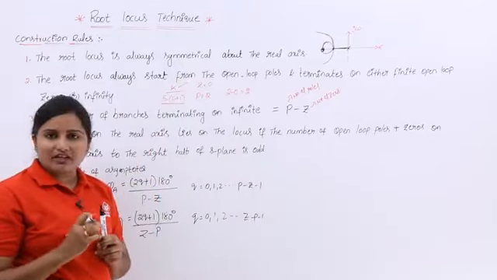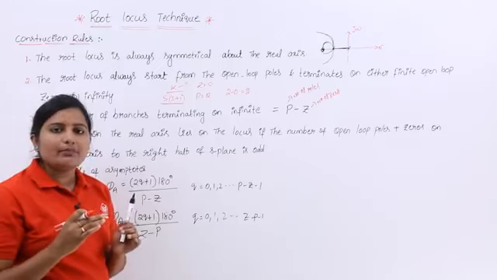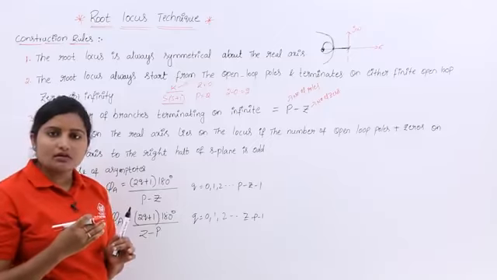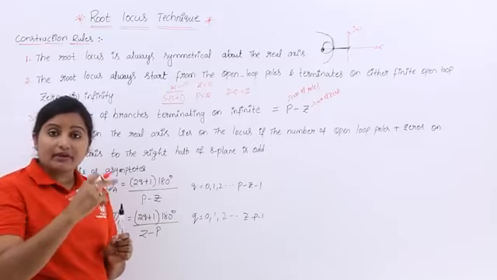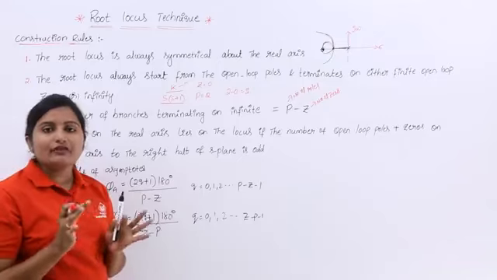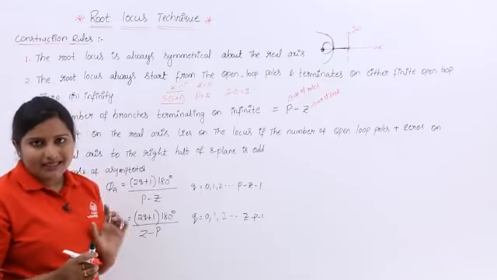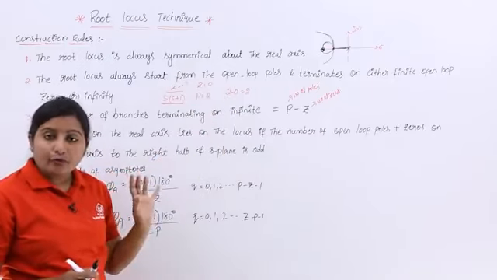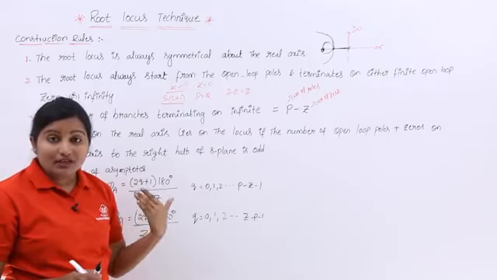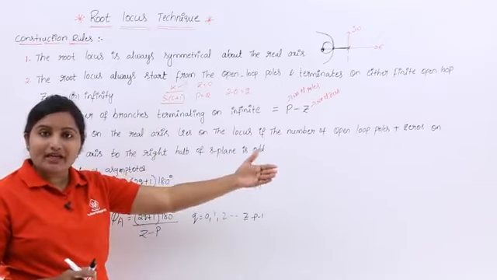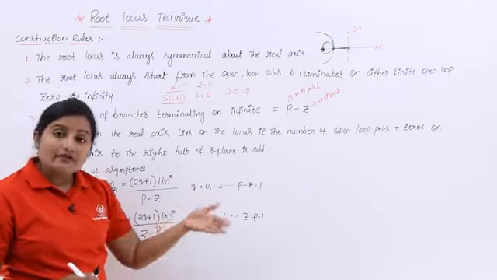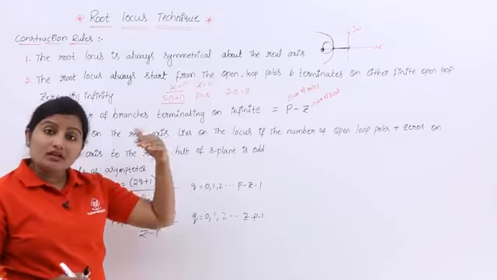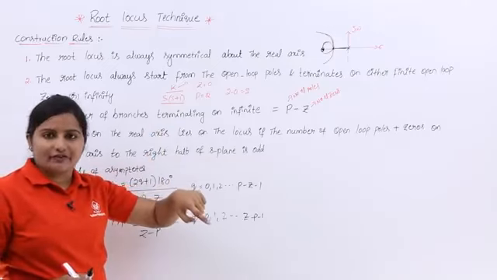Here we have one condition for which branches terminate at open loop zeros and which terminate at infinity. If poles are greater than zeros, then the branches are going to terminate at infinity. If zeros are greater than poles, then the branches start at infinity.